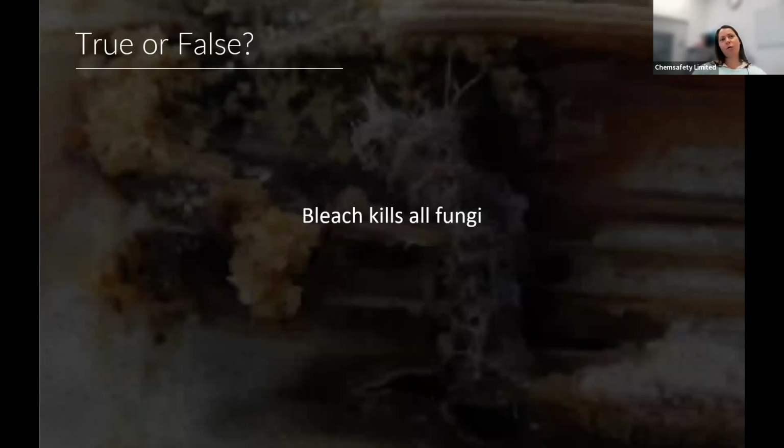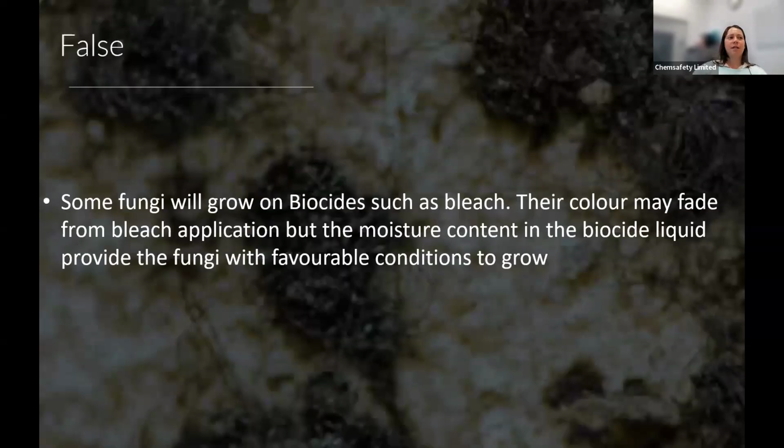Bleach does not kill all fungi. Some fungi will actually grow on bleach and other biocides. However, bleach can cause fungi to lose their color, which would make them invisible. And the fungi can also actually use the liquid contained inside of biocides, which creates favorable conditions to grow.